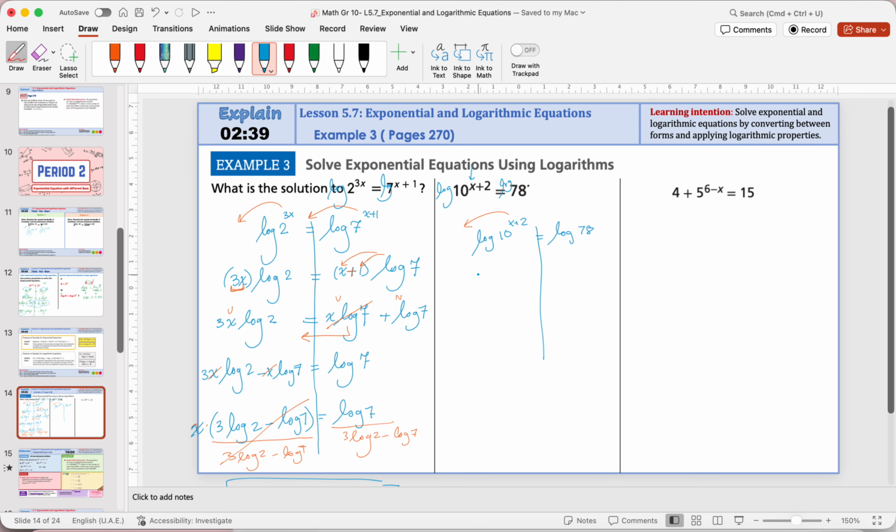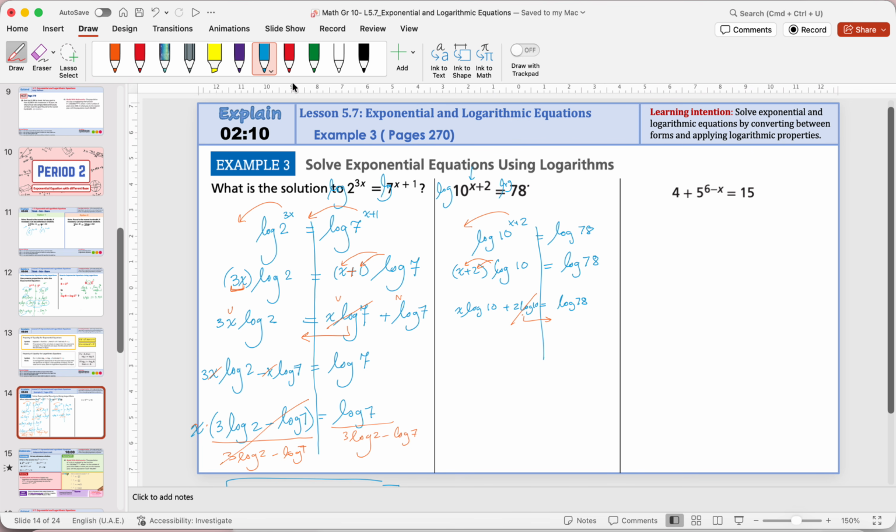So it's going to be x plus 2 inside a bracket. Please keep in mind to use a bracket so that you remember that you need to distribute. And then distribute. So each one will take log 10. It's going to be x log 10 plus 2 log 10 equals log 78. Now what do we do? Take this whole thing to the left side. It's a number.